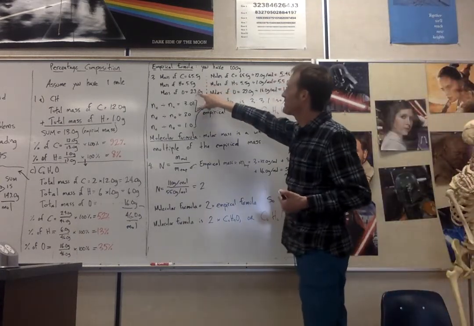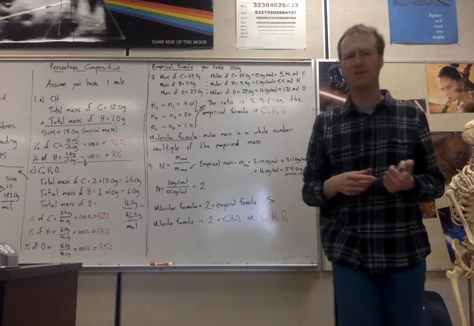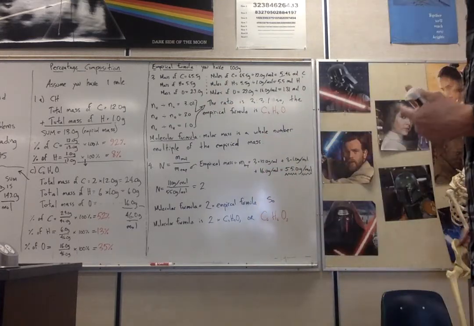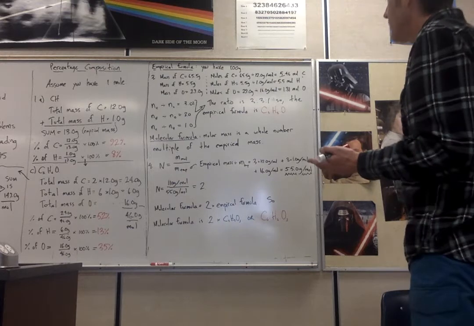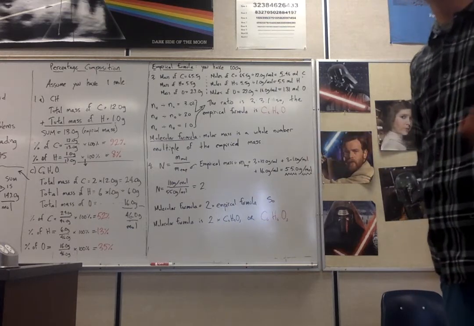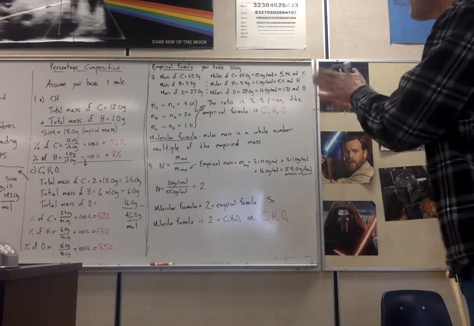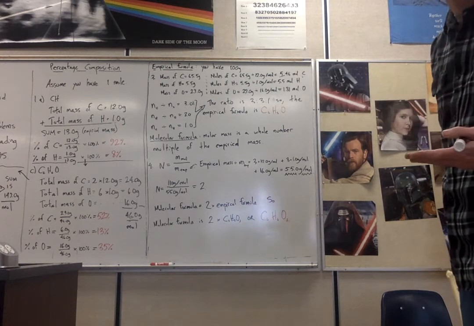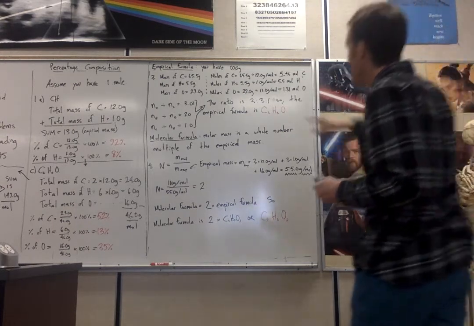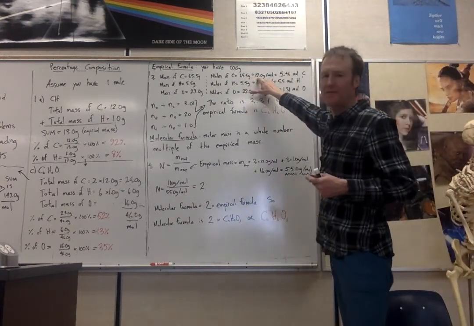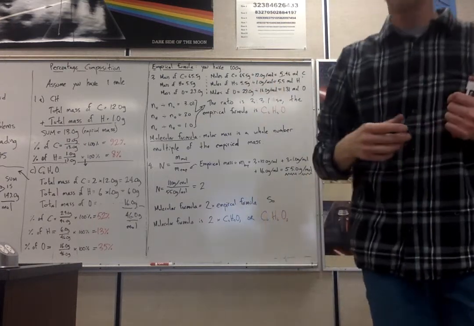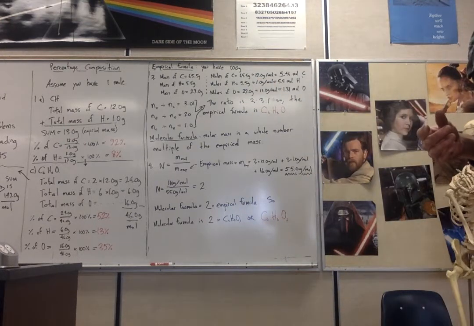Hydrogen 5.5 grams and oxygen 29.0 grams. How do we use that? Well, one of the formulas you've learned is that the number of moles, the chemical amount, is mass divided by molar mass. We use the molar masses for those elements from the periodic table.